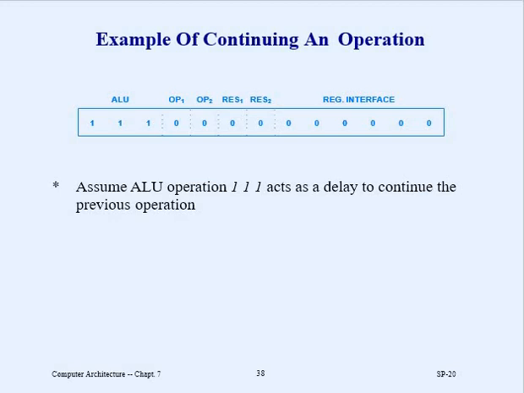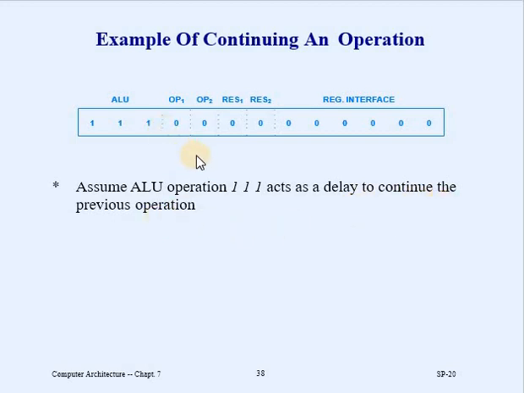When this condition 111 occurs, look here that no data is coming into any of the registers or from anywhere. So assume ALU operation 111 acts as a delay to continue the previous operation.